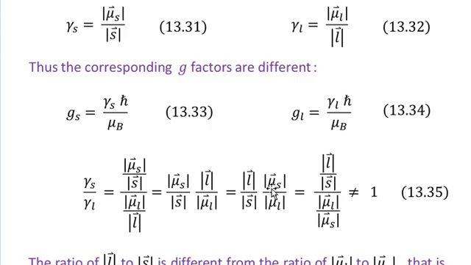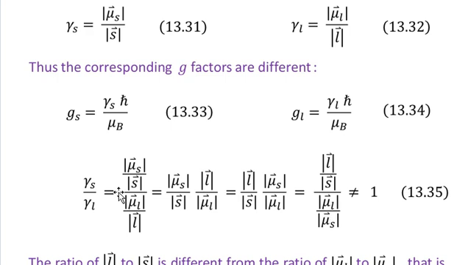So I can also rearrange this in another form, that is the ratio of L mod to S mod and the ratio of mu L mod to mu S mod. And you see that this ratio is not being cancelled. That is, the denominator is not cancelling the numerator. It means that this quantity is not equal to 1.